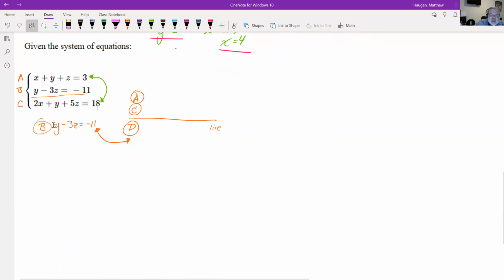Here it was nice that one of the equations was already aligned, but that did force our hand in what variable we get rid of in the other equation. So we're going to end up multiplying that A by -2 to get -2x minus 2y minus 2z equals -6, and 2x plus y plus 5z equals 18.